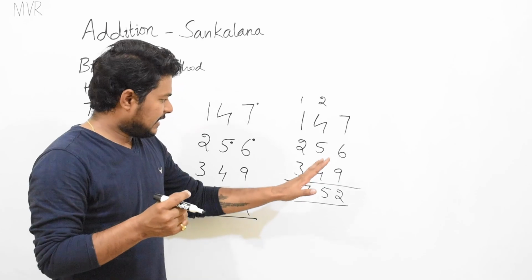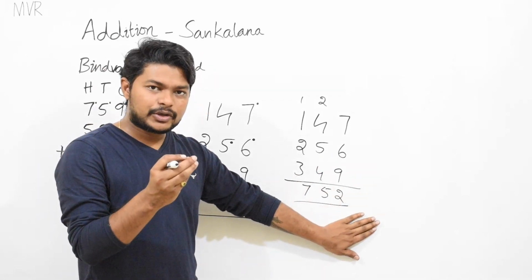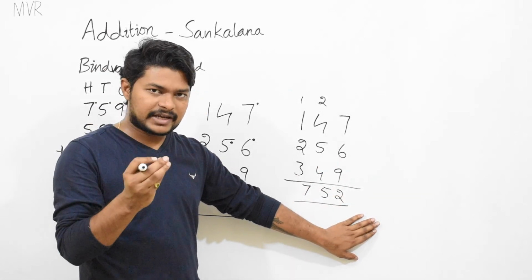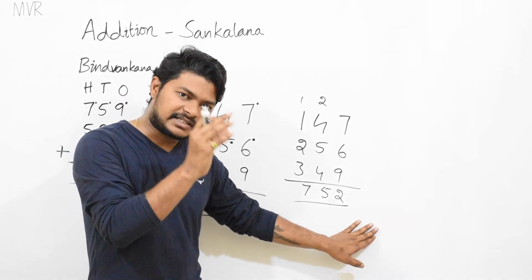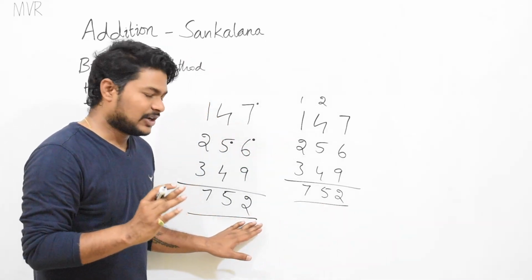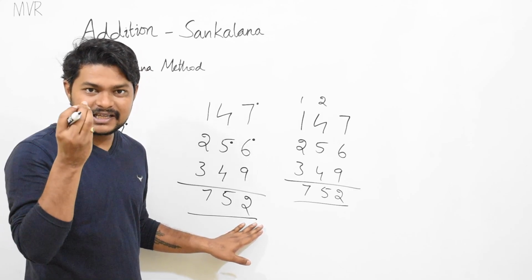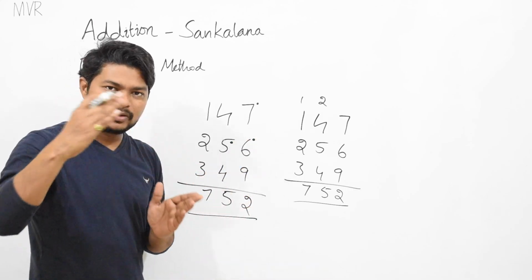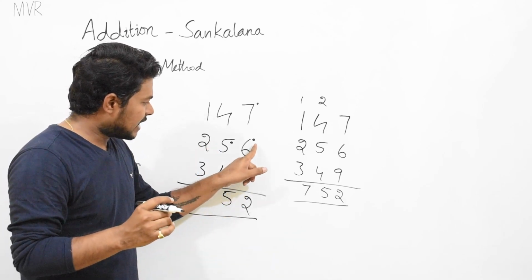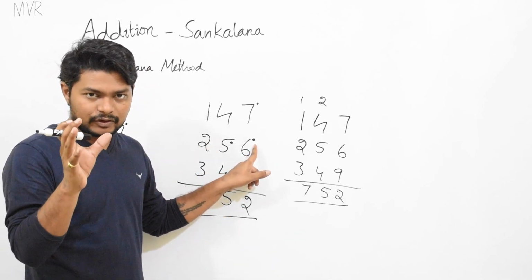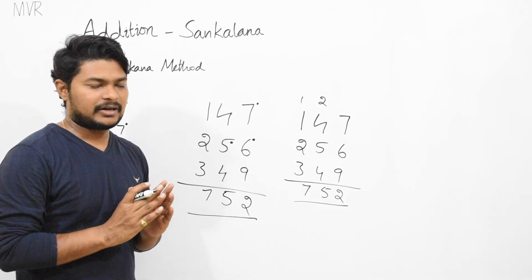In this normal method we need to keep memorizing the units digit as well as the tens digit. Here we need to memorize only the units digit, that is a single digit. Whatever is above 10 we indicate the 10 as a dot, and the remaining leftover part we remember.